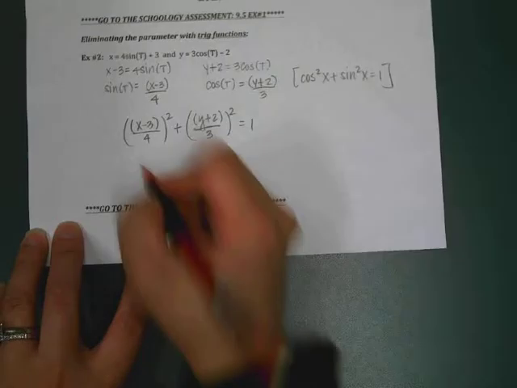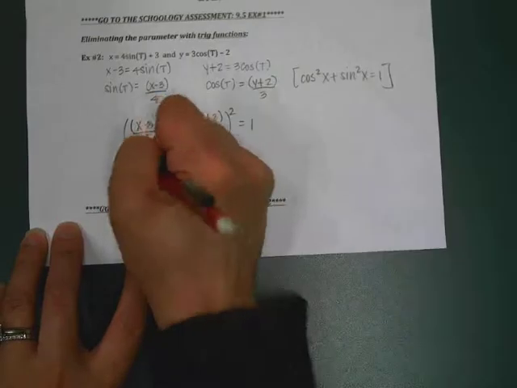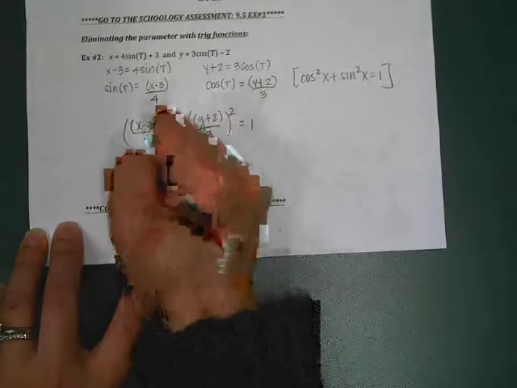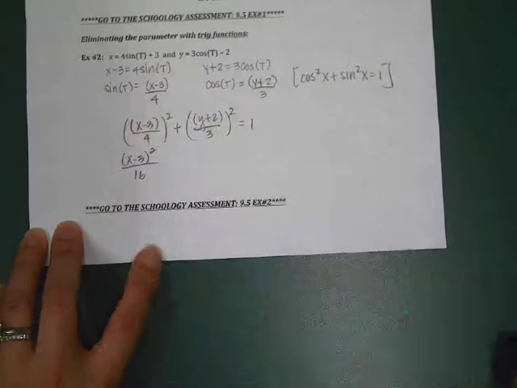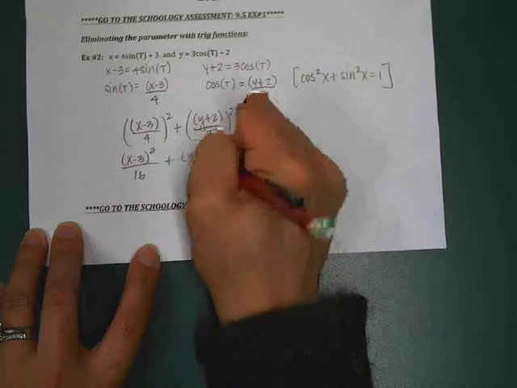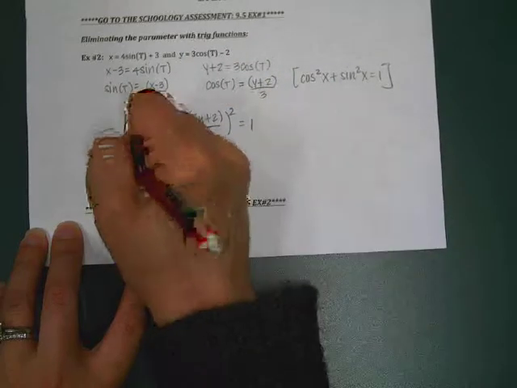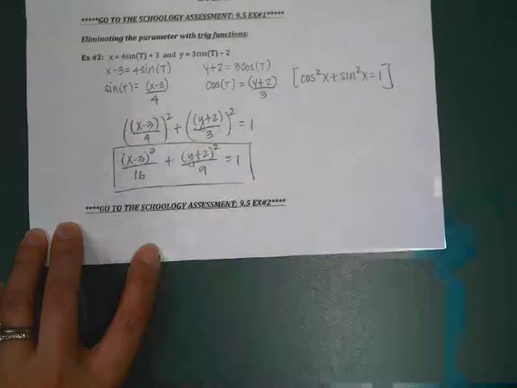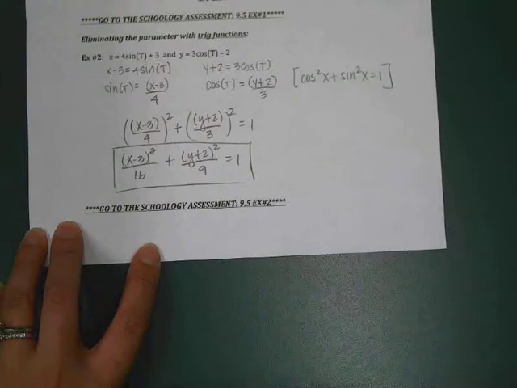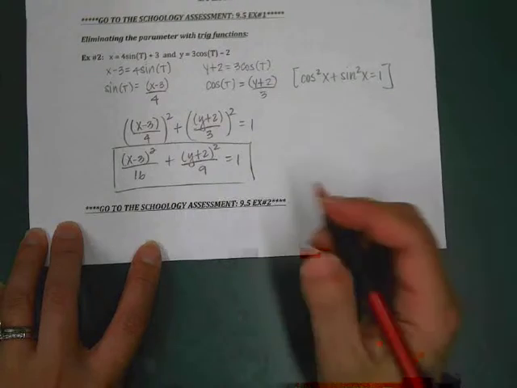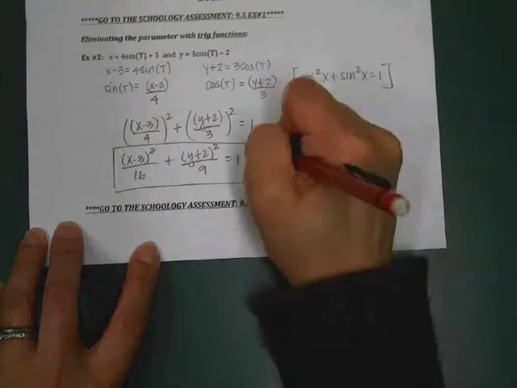So as we simplify it, it's going to look like one of our conic sections. So you have x minus 3 squared over 16 plus y plus 2 squared over 9 equals 1. So we now know that that parametric is going to be our ellipse.